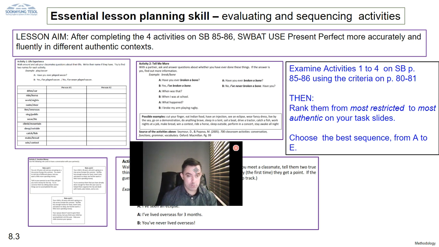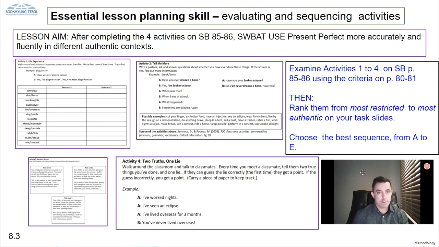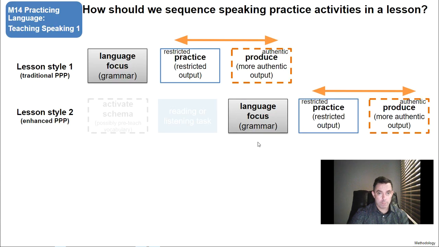Which brings us to our third activity in your task slides. This third activity is just asking you to evaluate and sequence some activities because, as I mentioned earlier, we always move from the more restricted to the more authentic. It's kind of the right direction to go.